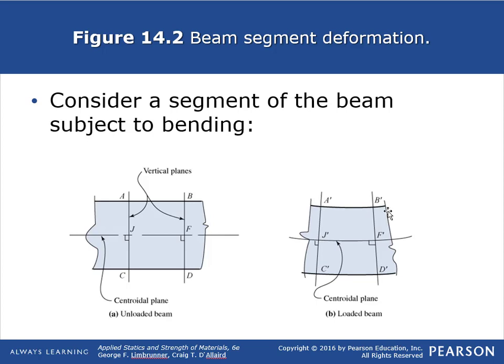In the upper segment of this beam, you're going to be subject to a lot of compressive stresses, and in the lower, you're going to be subject to tensile stresses.